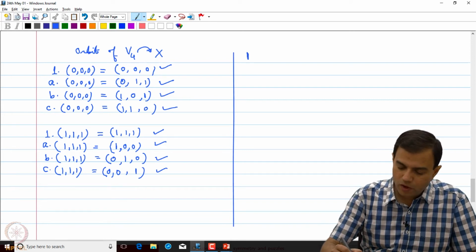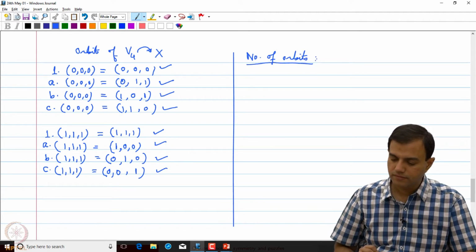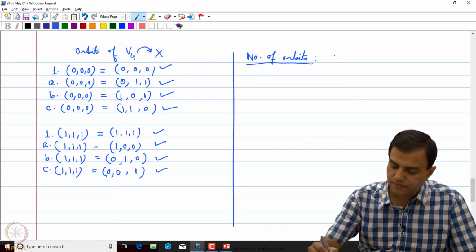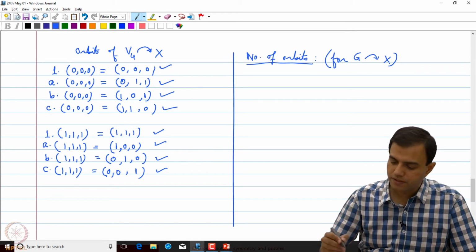Let's see how many orbits there are in this action. So, the average number of fixed points.